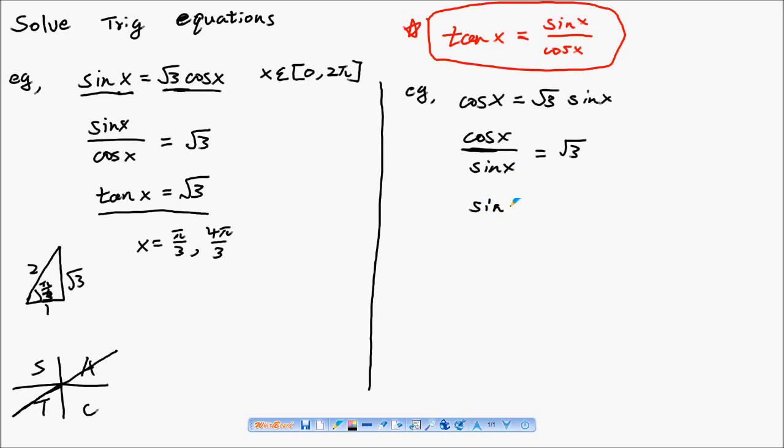I change it to sine x divided by cosine x, and it equals 1 on square root of 3, because square root of 3 is the same as square root of 3 on 1. So when I flip the left hand side, I have to flip the right hand side. Now I have tan x equals 1 on square root of 3.